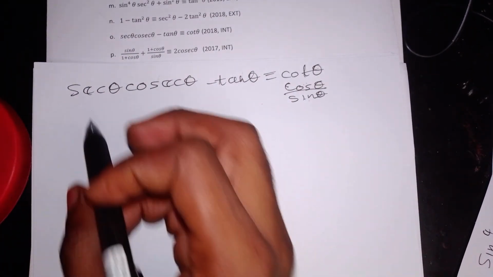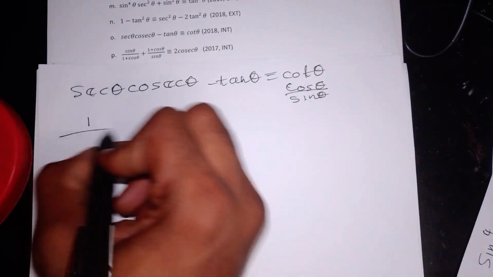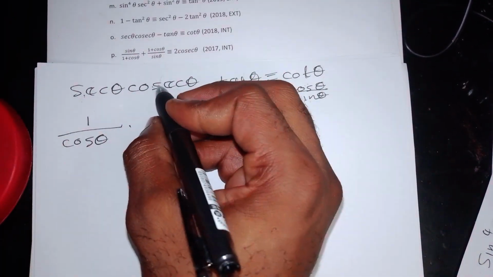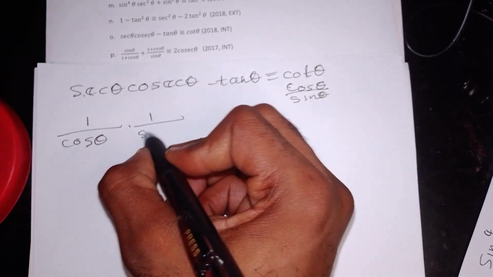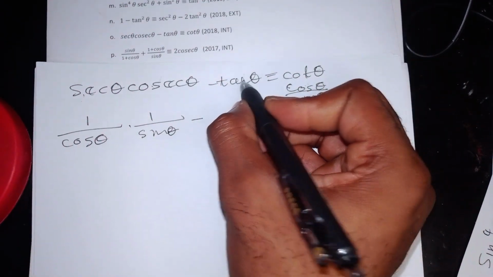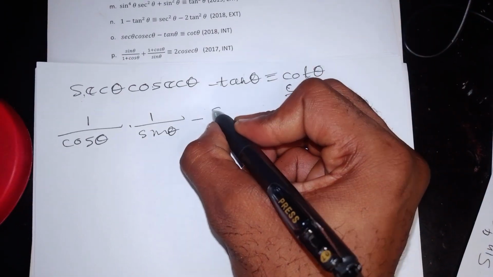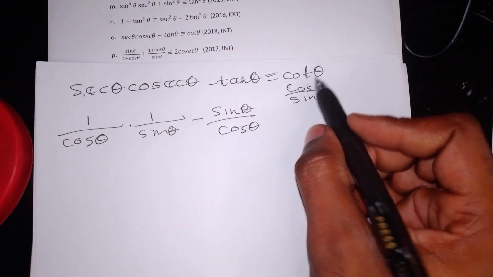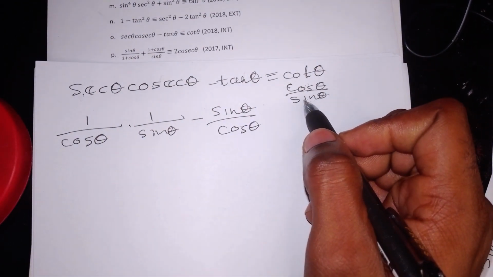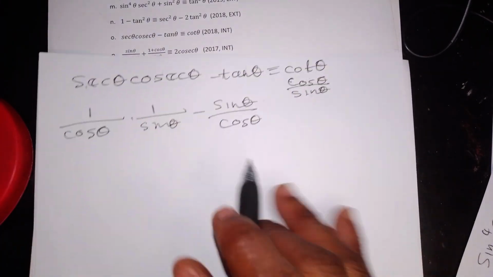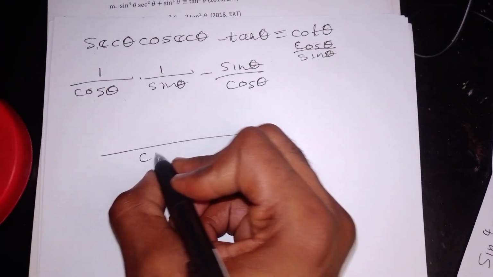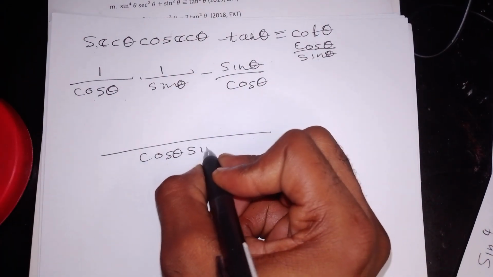So this is 1 over cos theta multiplied by 1 over sine theta, then minus this is sine theta over cos theta. Because we only have one term this side, you want to combine these to form one. The common denominator is cos theta sine theta.